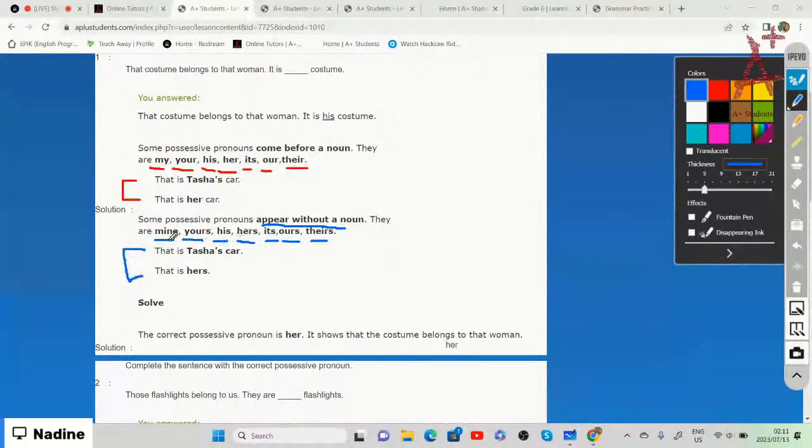Instead of saying that is her car, which comes before the noun, we're just going to say that it is hers. The reason we can just say that is hers is because we already know we are referring to the car. We don't necessarily have to make mention of the car. So that is hers.